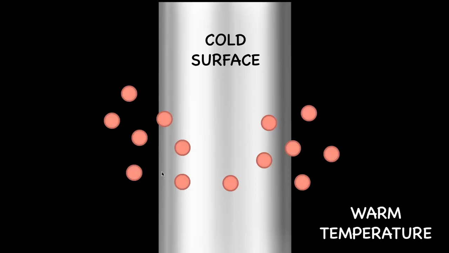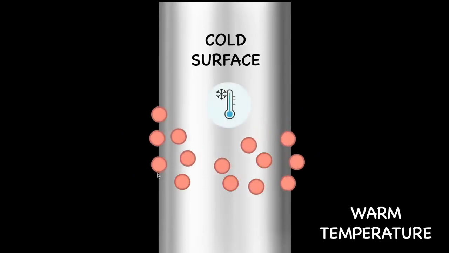Now, there are going to be some molecules of water vapor that eventually come in contact. When I say they come in contact, it means they're touching the surface of the can. And when they touch the surface of the can, something very interesting happens. Mind you, the surface of the can is pretty cold, while compared to that, water vapor is slightly warm.